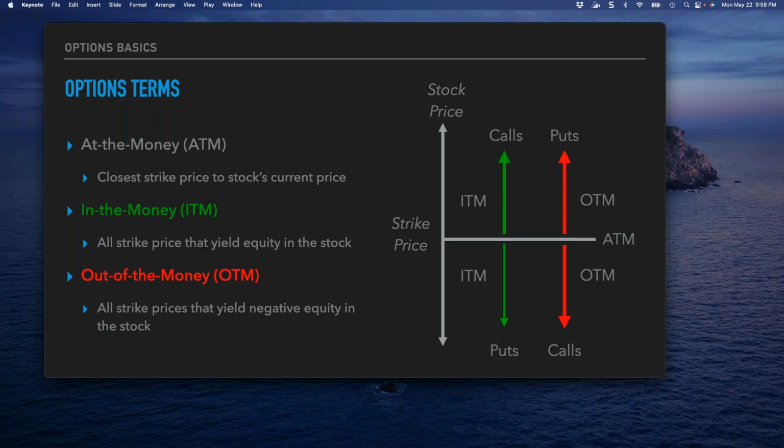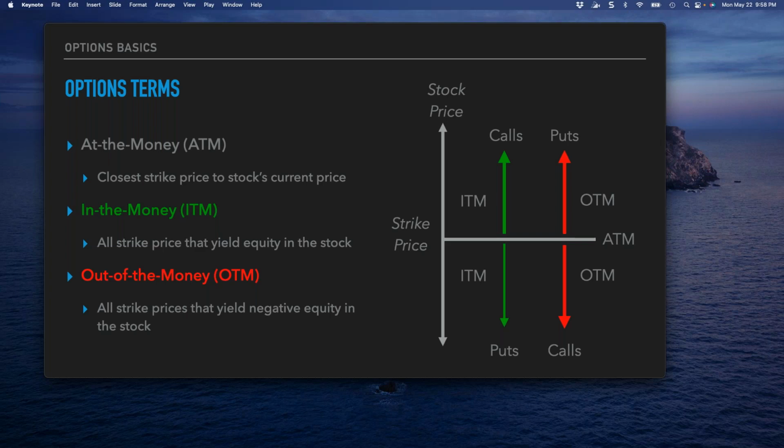For example, if you buy a call option with a $25 strike price and the underlying stock is currently priced at $28, you would have $3 in equity, so the option would be in the money. If you're buying options, in the money options are considered to be more conservative. The deeper in the money you go, the more conservative the trade is. Thus, a call option on our $28 stock with a $20 strike price would be more conservative than the $25 strike price, since there's $5 more in equity to work with.